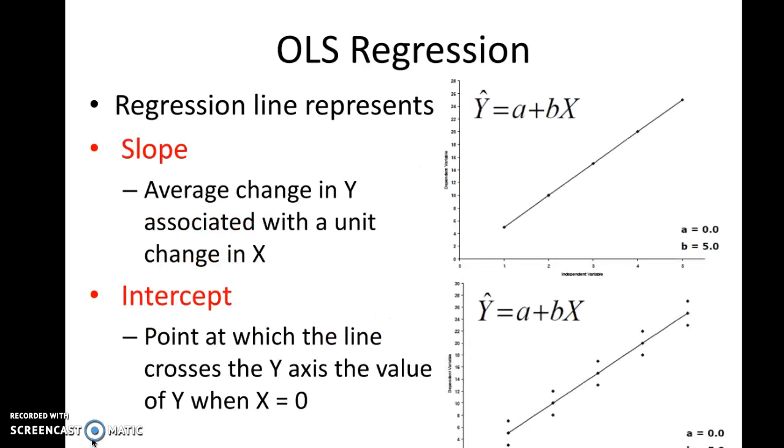Okay, so this is how it starts to look. The slope is the average change in Y associated with the unit change in X. So how far up and over do I have to go in order to capture the change in the outcome? Okay, that's what we're doing. And then the intercept, again, is the point at which it crosses the axis. And intercept, or what we call a constant, is kind of the average starting point that most people start from.